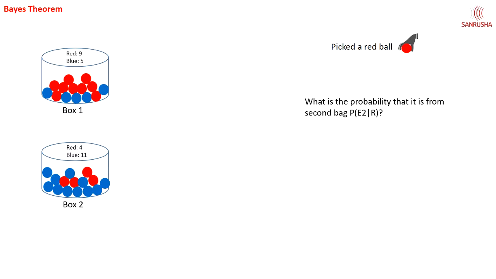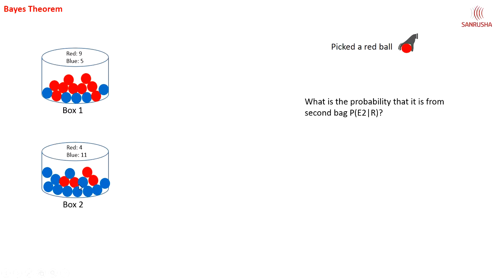This is an interesting situation. You already got a red ball. You just have to find out the probability of that red ball being from box 2. That kind of probability is called the probability of E2, the event 2, considering it's a red ball. A red ball is already considered. You already have a red ball. Now you have to find out the probability of that red ball being from box 2.